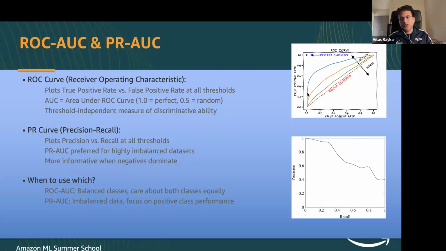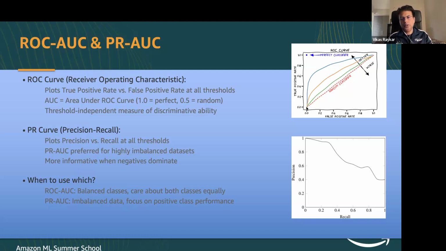So you start off with one threshold, you compute the TPR and FPR, and you sweep the threshold from 0 to 1 or 0 to infinity based on your model. Then you can trace out a curve. This is called the receiver operating characteristic or ROC curve. The area under this curve is called the AUC, and it can be another metric to quantify the performance of a binary classifier, independent of the threshold.